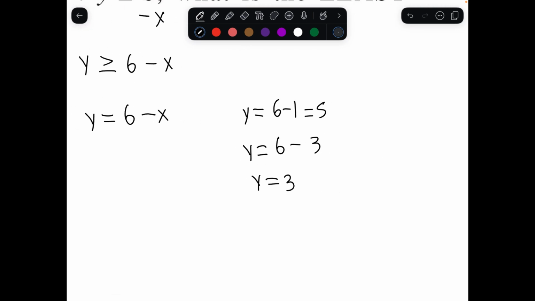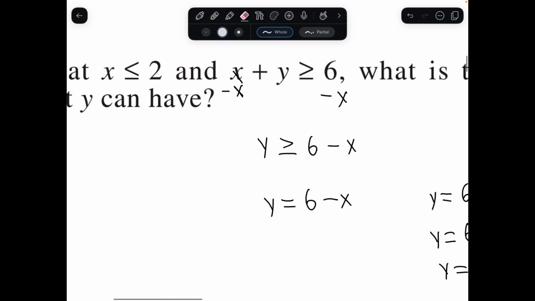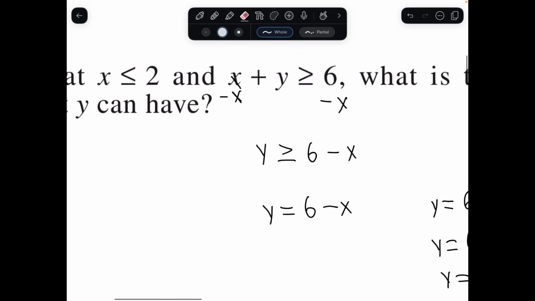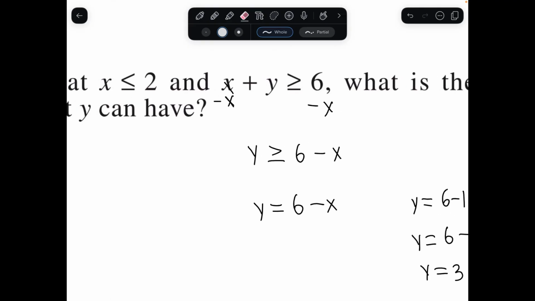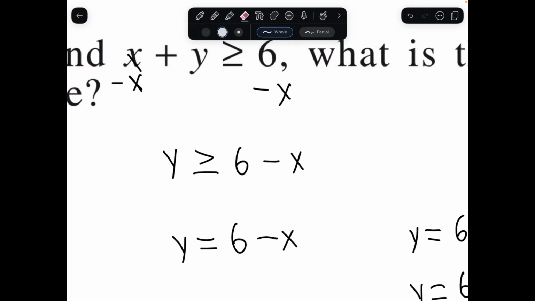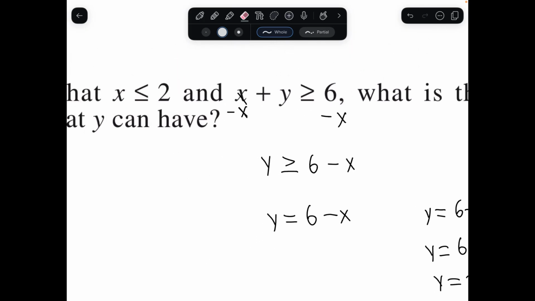You see how we went from 5 to 3 when the x value went from 1 to 3? That shows as we maximize x, we minimize y. So now going back to the problem, accounting for all the restrictions, we want the greatest possible value for x in order to minimize y.